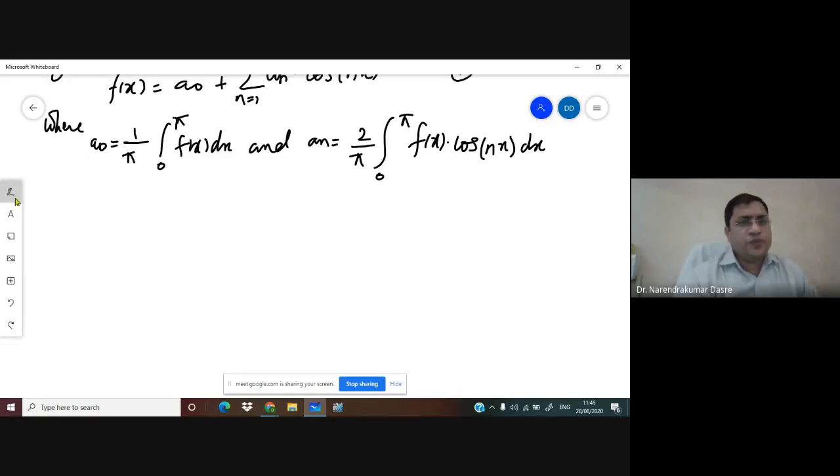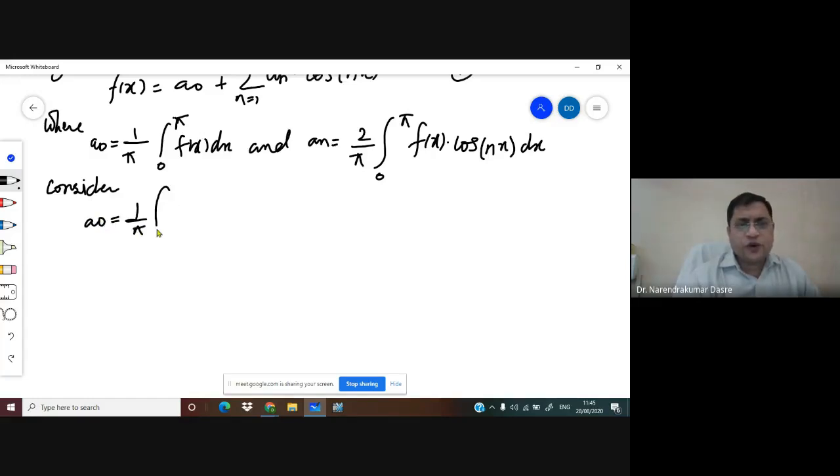Okay, so now consider the first coefficient a0. So we have 1 upon pi integral 0 to pi, and here f of x is sin x dx. So we have 1 upon pi integral, and this is minus cos of x.